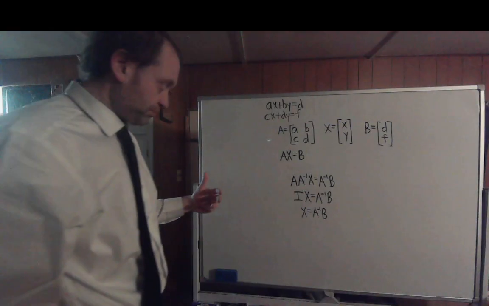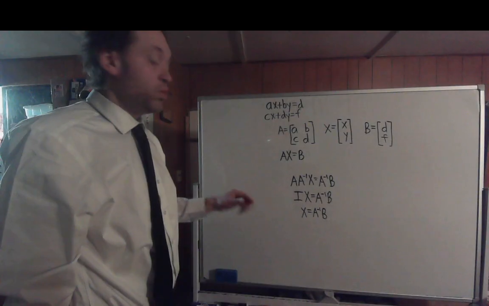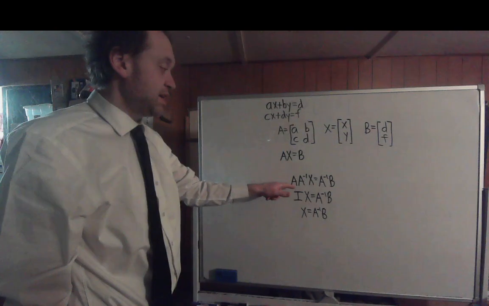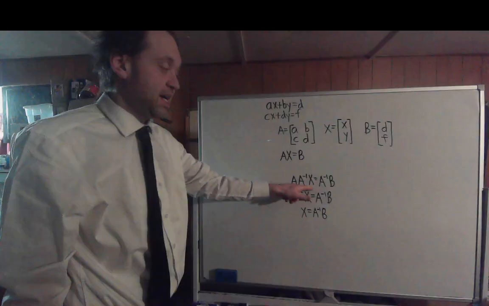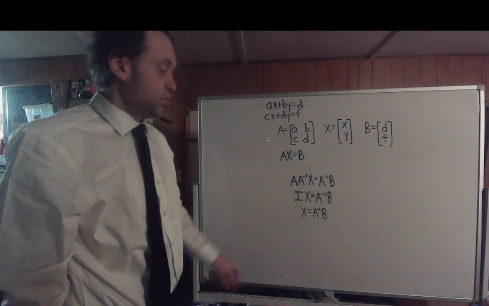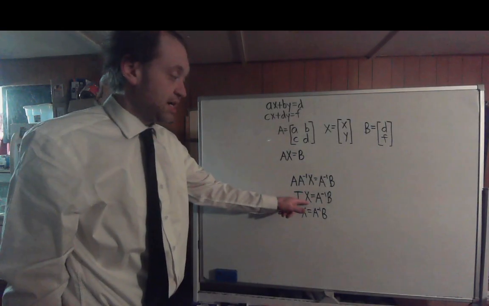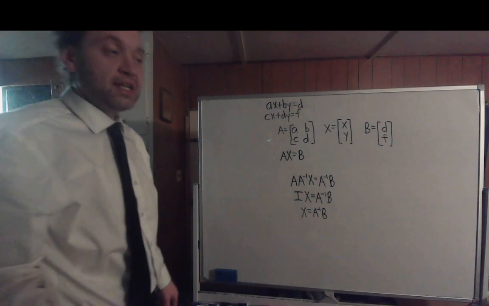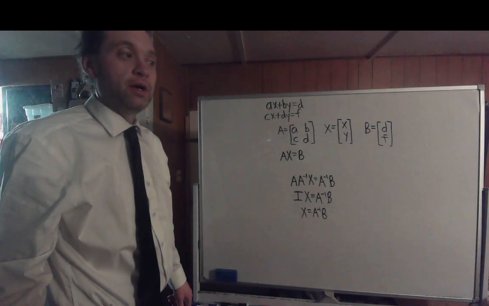Well, so you have AX equals B. Once you find the inverse of matrix A, what you can do is take A inverse times A times matrix X, which would be equal to A inverse times B. A inverse times A would give you the identity matrix times X, which would be equal to A inverse times B. Well, the identity matrix is the equivalent of multiplying by 1.